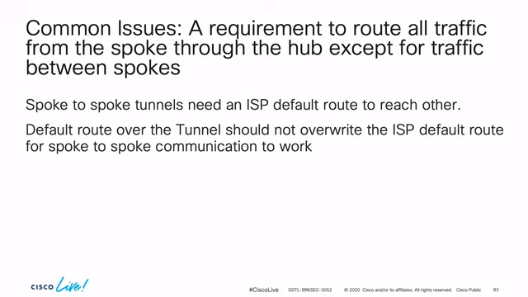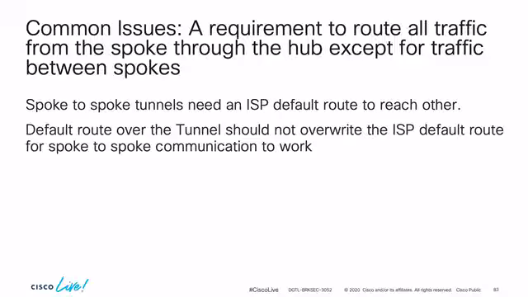And if you did have a default route over the tunnel, because we want to send all of the data traffic from the spoke through the hub, that means we had to have a default route whose next hop had to be a tunnel interface. So we had to ensure that this default route over the tunnel interface was not overwriting the ISP default route, which we needed for the spoke-to-spoke communication to actually work.